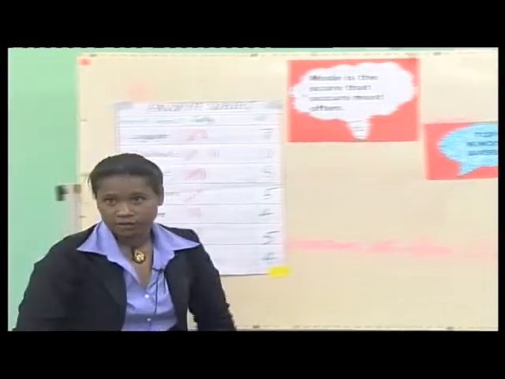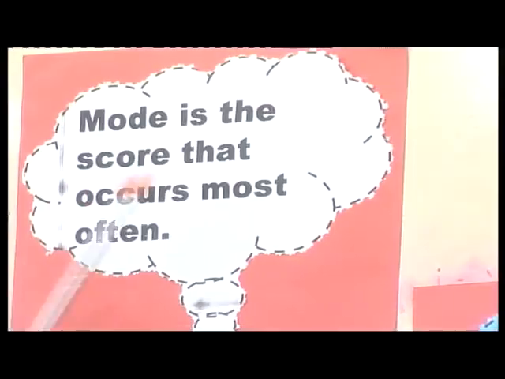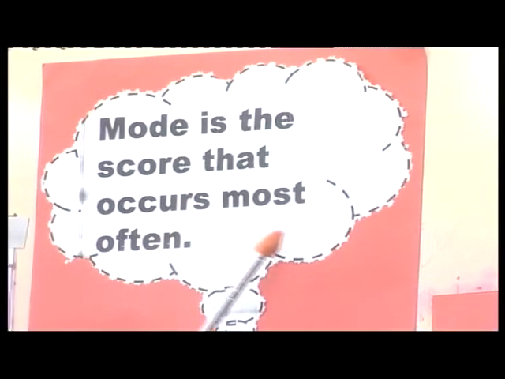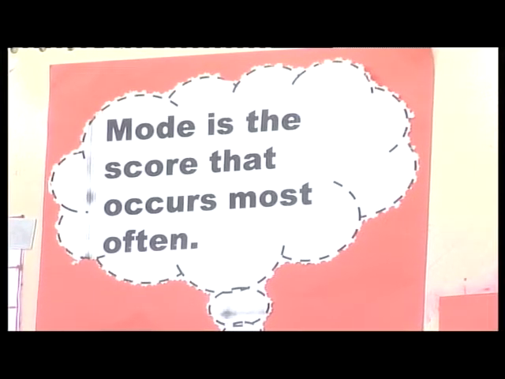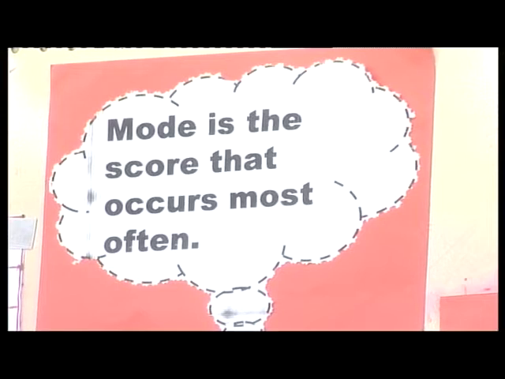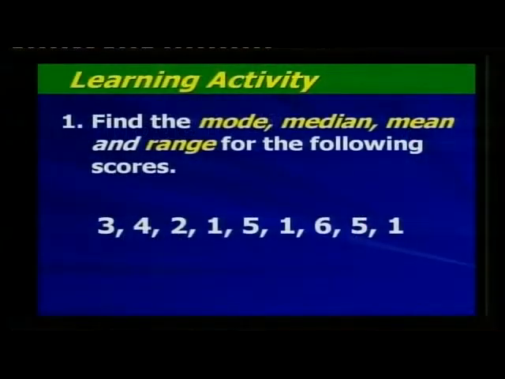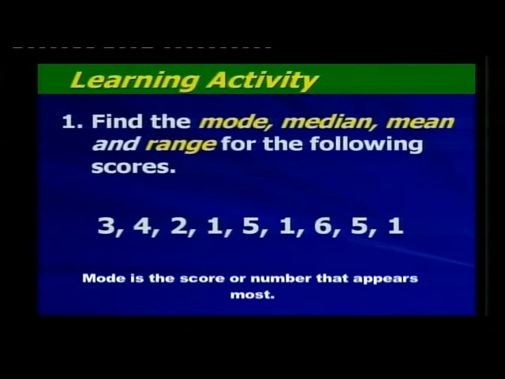Okay, it clearly states on the flashcard, mode is the score that occurs most often. That is what it means by mode. Let's have a look at those numbers there, the scores. What can be the mode from this set of scores?